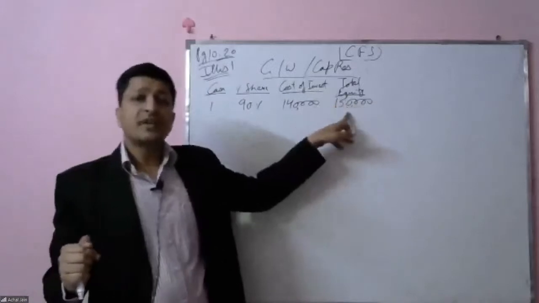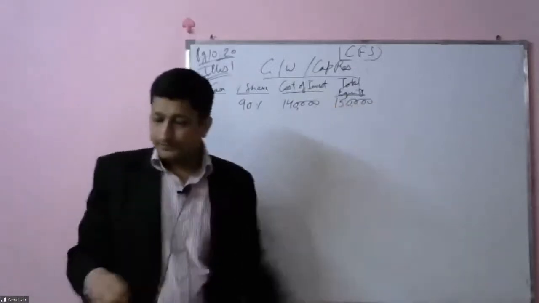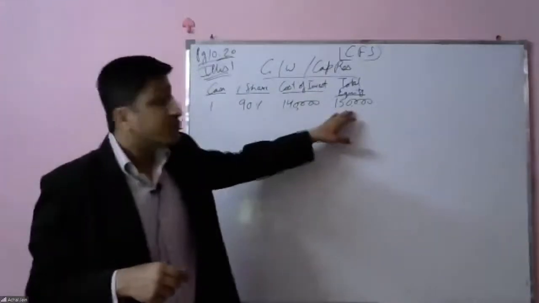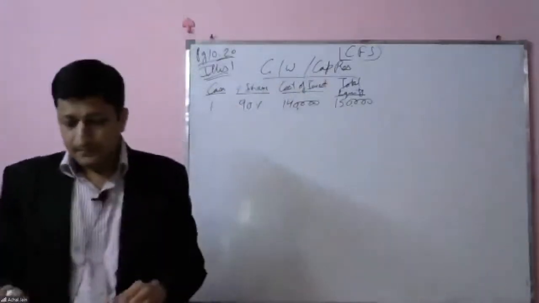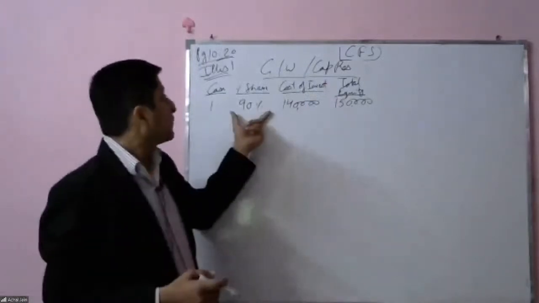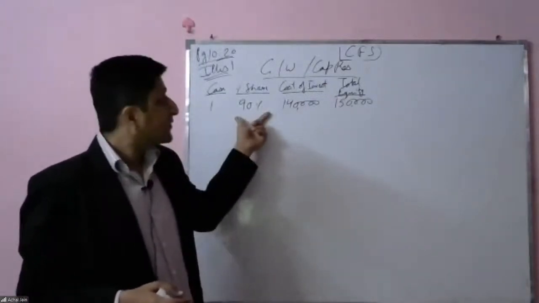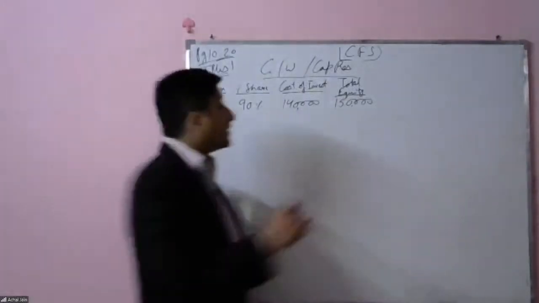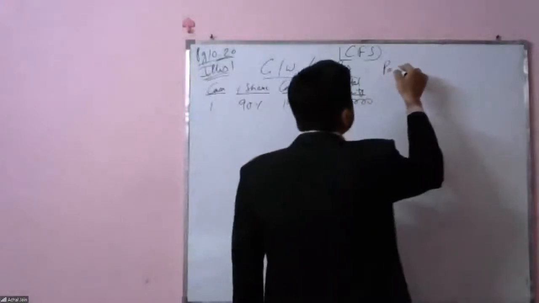That means 1st January X1. Now this is the total portion of net assets. But the portion of net assets which has been acquired by holding is what? 90%. So we will pick up 90% of this.